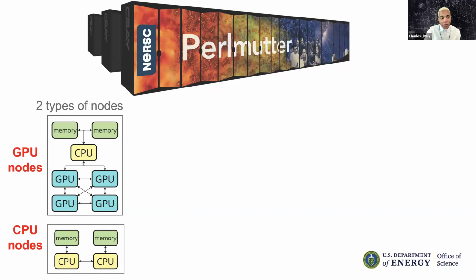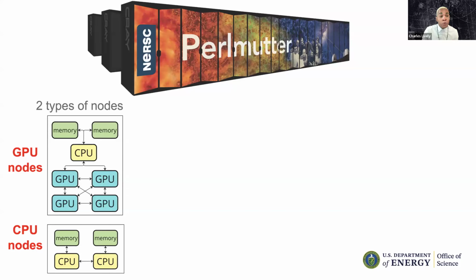And so let's talk a little bit about the architecture of Perlmutter. We talked about some of the importance of how we construct different nodes and node types, and different chips and GPUs versus CPUs.